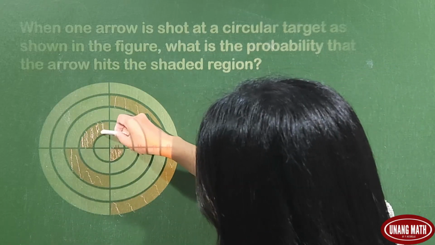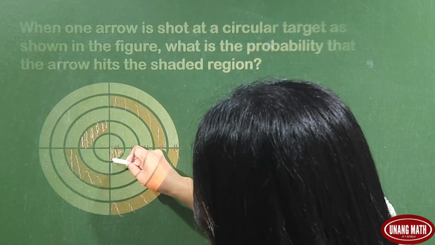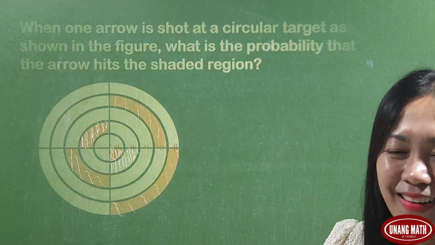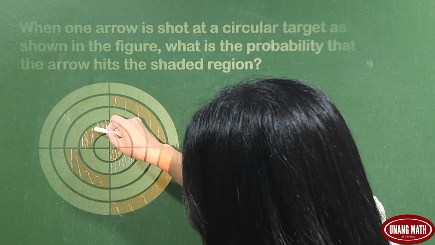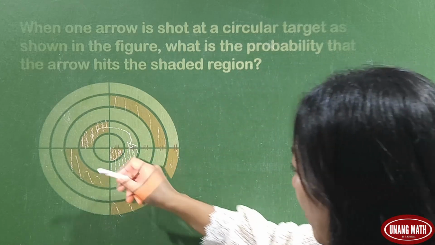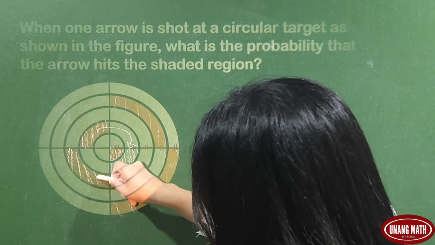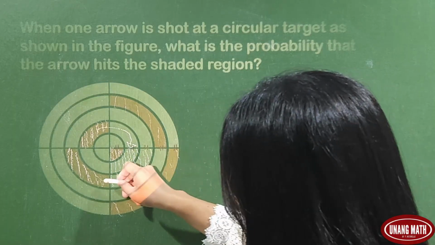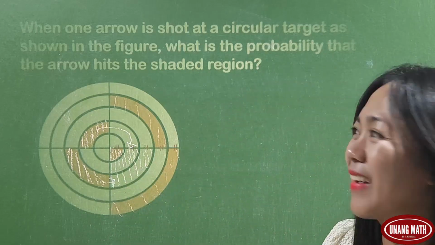This shaded part is just the same or equal to this part. So this shaded part, we will move to this part. This shaded part is also the same or equal to this part. So let's move also this one here.